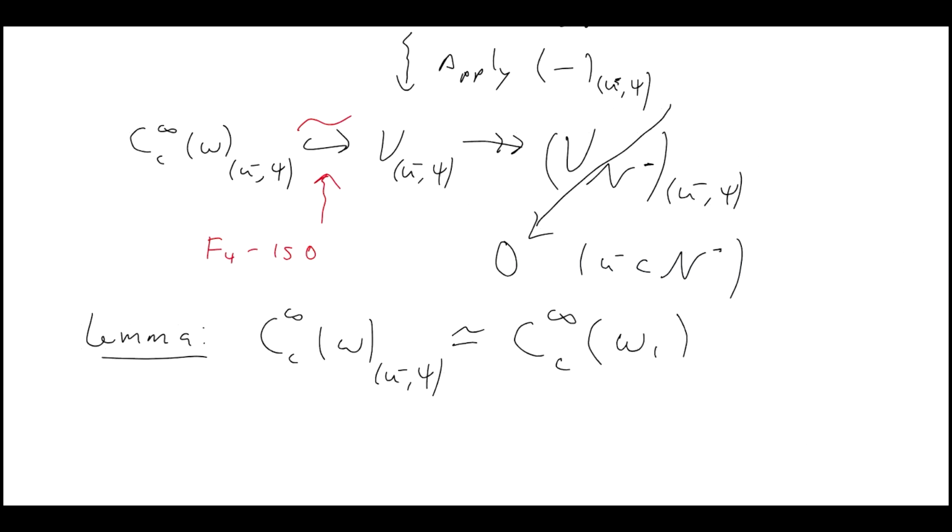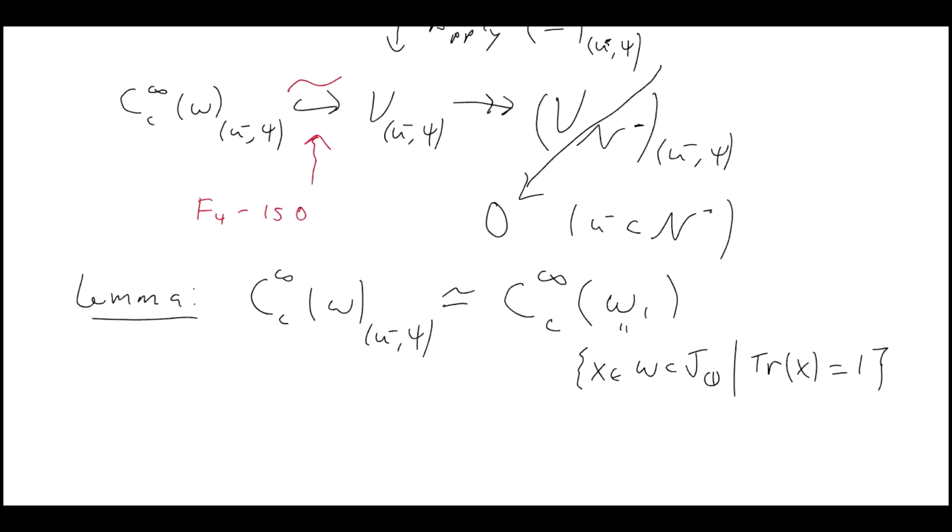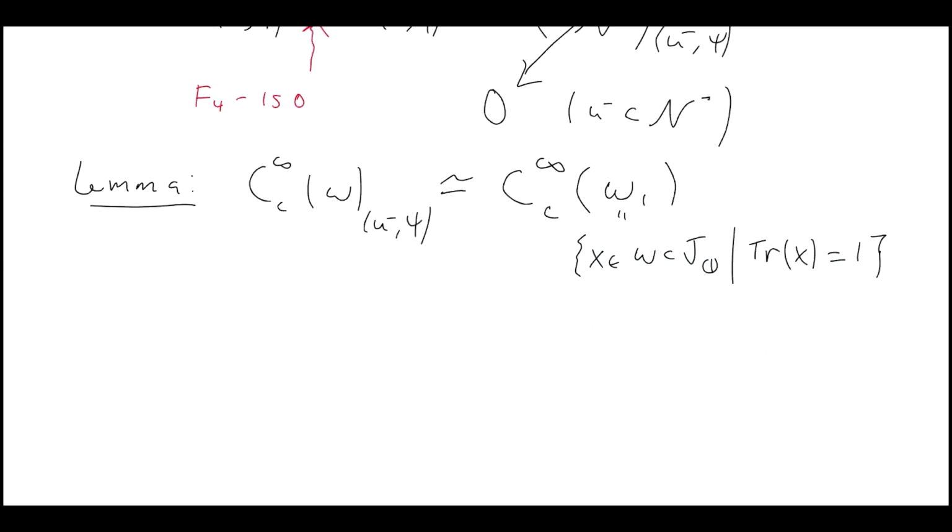What is this? These will be elements of omega, and remember that omega sits inside of the Jordan algebra. These will be those elements that have trace equal to 1. I'll explain where this comes from a bit later. So in other words, these are smooth, compactly supported functions on the elements of rank 1 and trace 1.